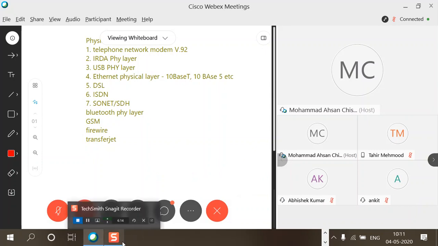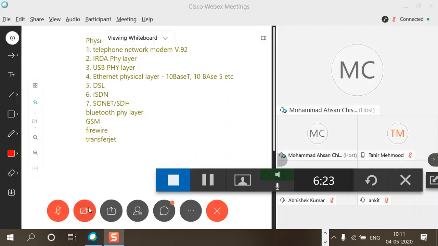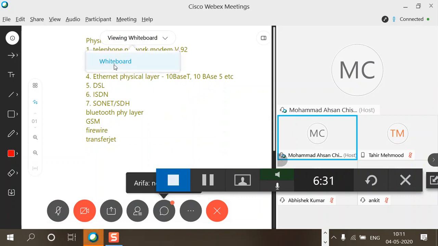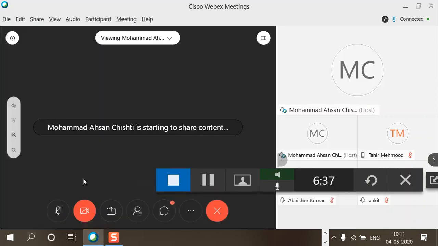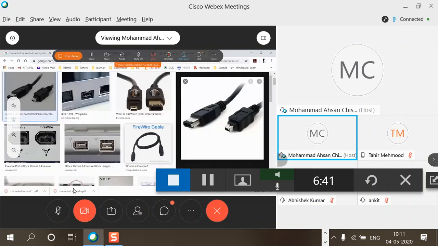Do you see what I'm sharing, or is it still the whiteboard? Okay. So this is the example of a Firewire port.